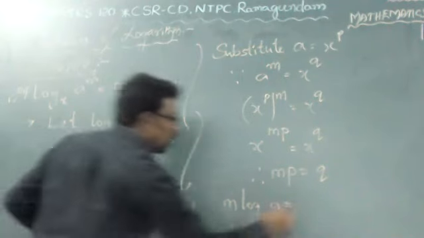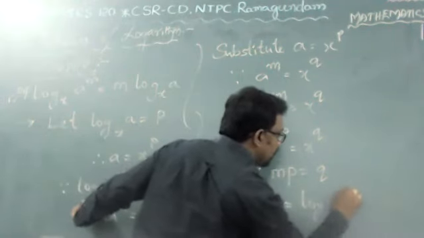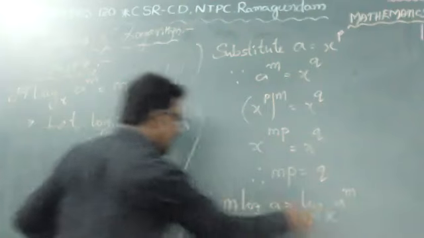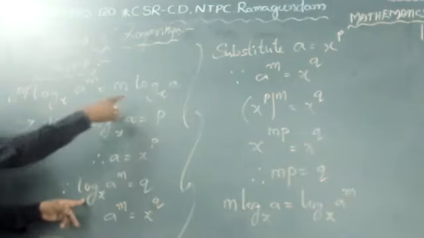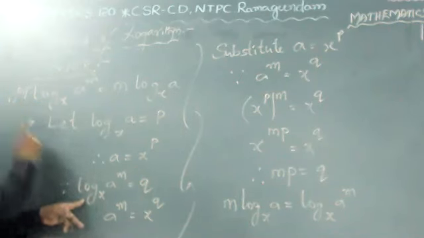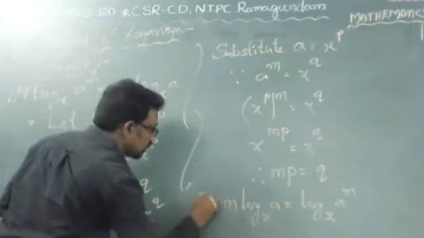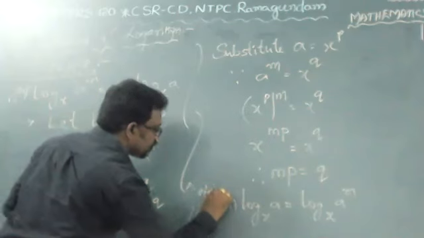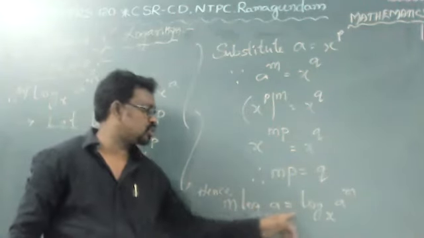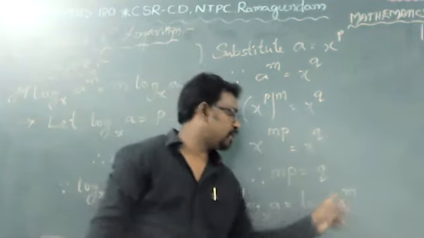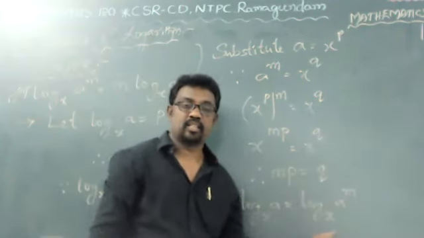This is log a power m to the base x, which is what we had to prove. Hence m log a to the base x is equal to log a power m to the base x.